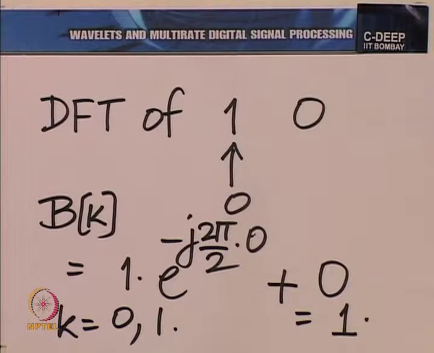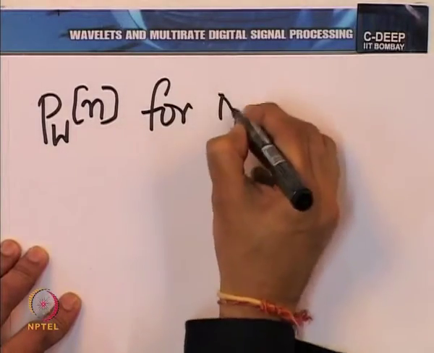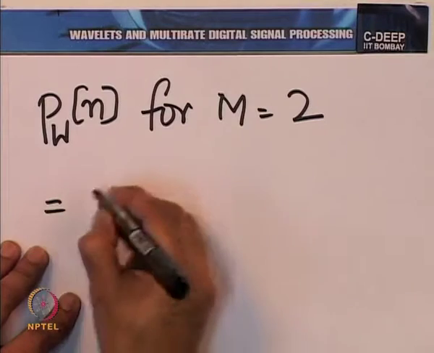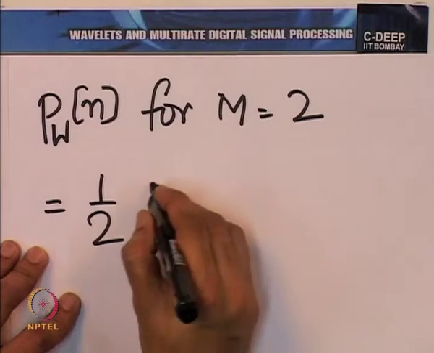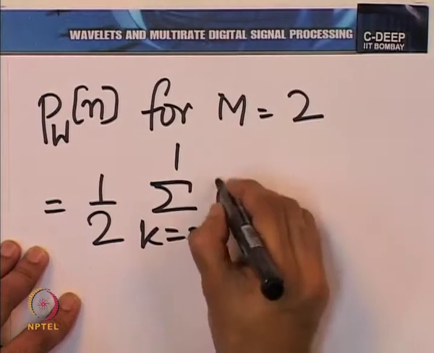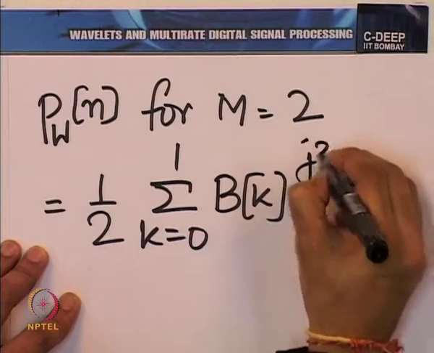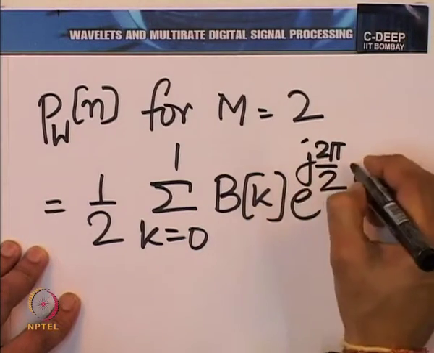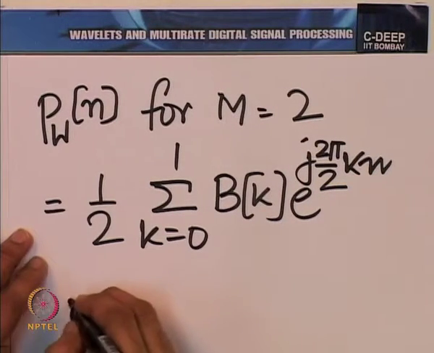And how do we reconstruct this periodic sequence p[n] for M equal to 2? It is reconstructed using the inverse discrete Fourier transform. So, it is half summation k going from 0 to 1 b k e raised to the power j 2 pi by 2 times k n, and that is easy to do.